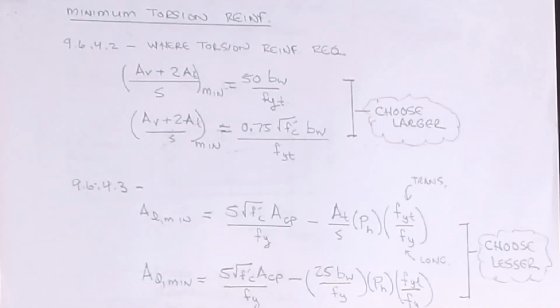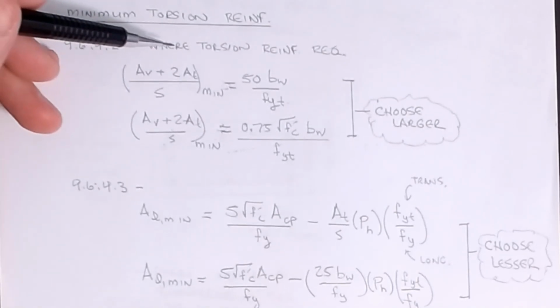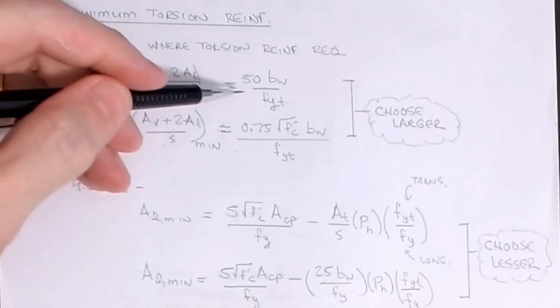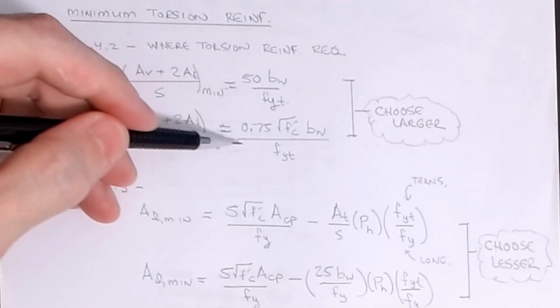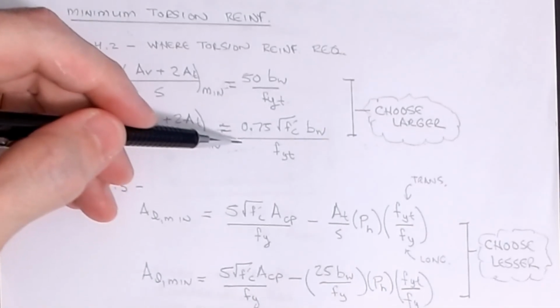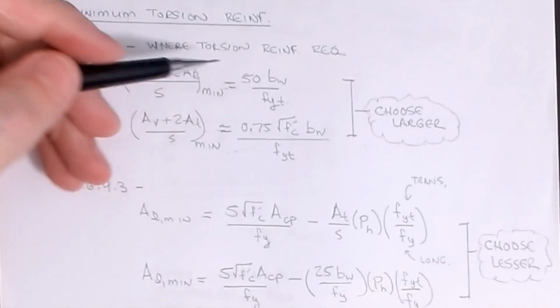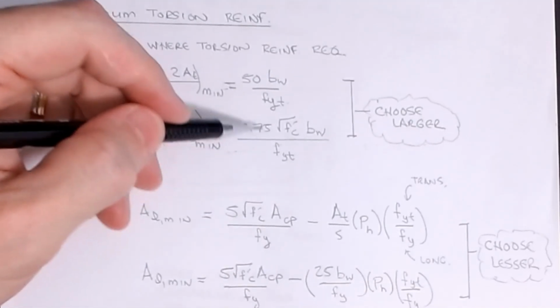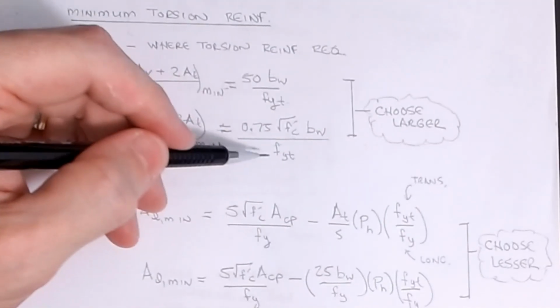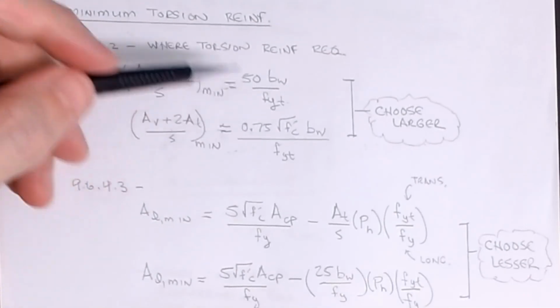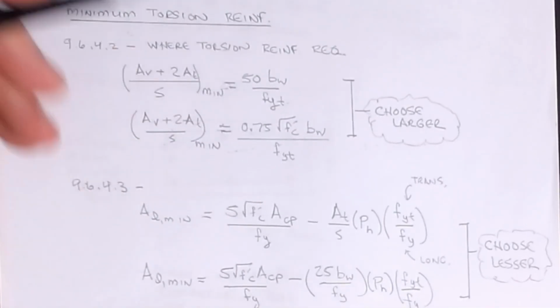We talked about that last time: when we're over that threshold torsion, the cracking torque divided by 4, when torque is higher than that, we need torsional reinforcement. Our equation looks something like this, and you recognize these two terms in shear. Remember when we did Av minimum, it was 50 bw over fy. That's still the minimum, and then 0.75 square root of f'c times bw over fy was the other, and we choose the larger of these two values.